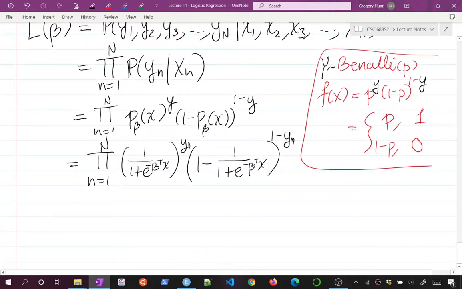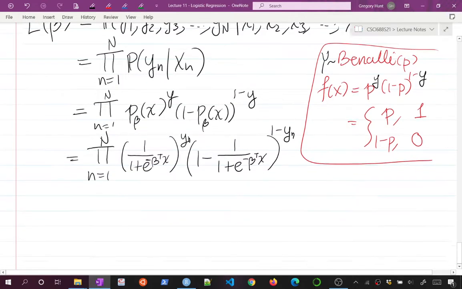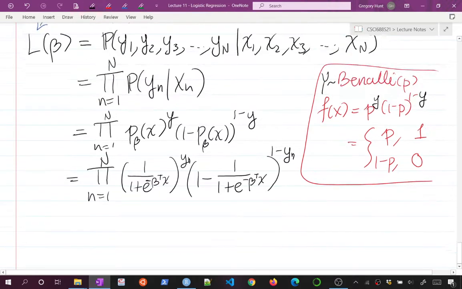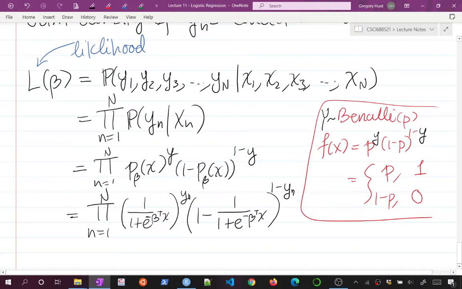Typically people, instead of working with this product likelihood, will work with the log of it. It doesn't really even matter. The point being, this is our likelihood function.